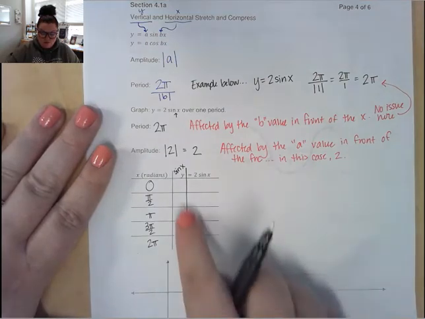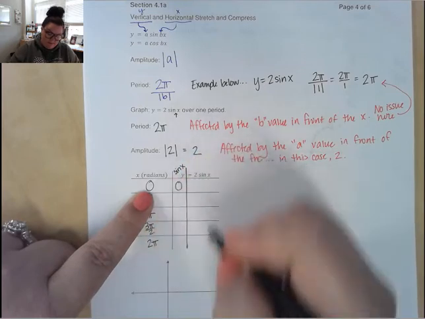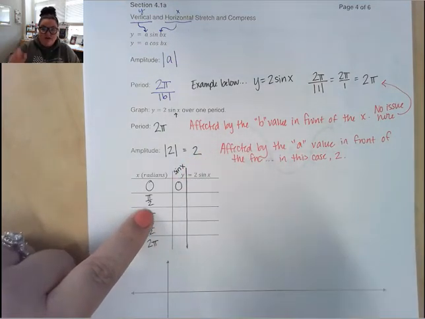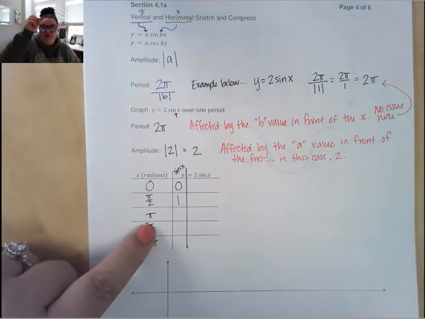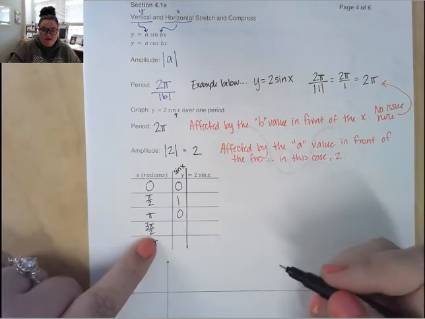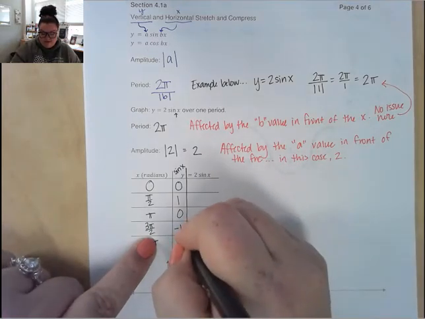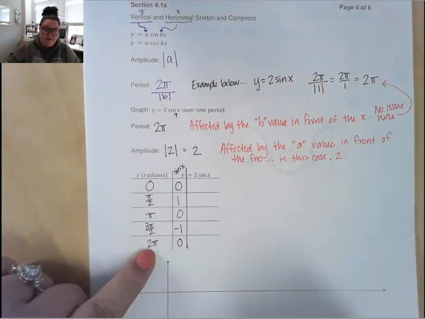When we do our sine value at 0, it should be 0. Our sine value at 90 degrees, we're going to be up at 1. Our sine value when we get down to 180 or pi is going to be back at 0. Down at 3 pi over 2, we're at -1. And then when we complete our circle rotation, we're back up at 0.